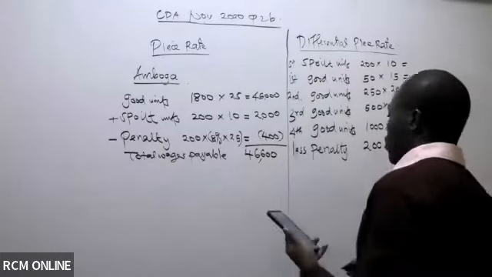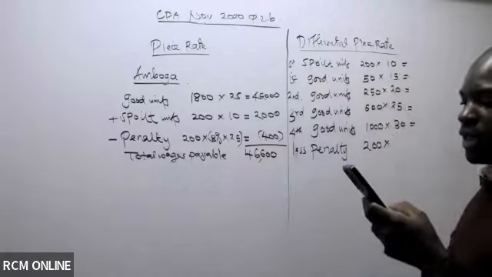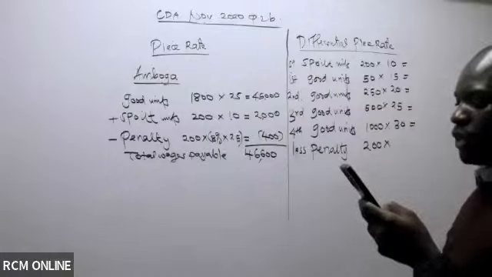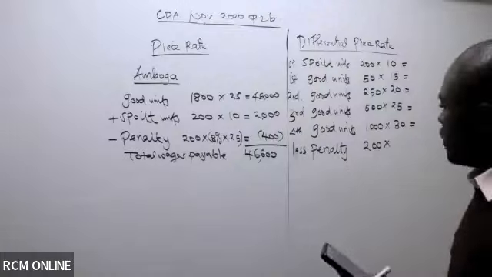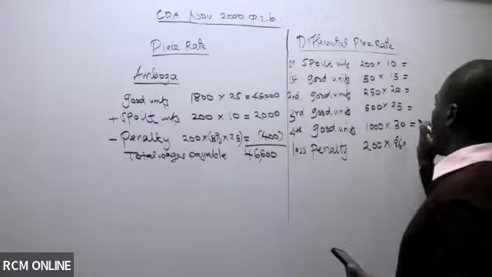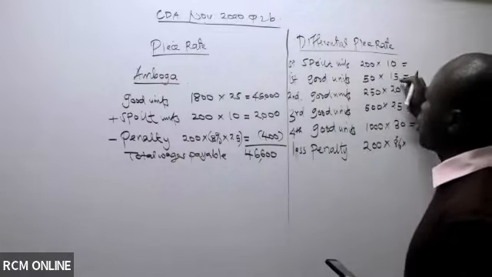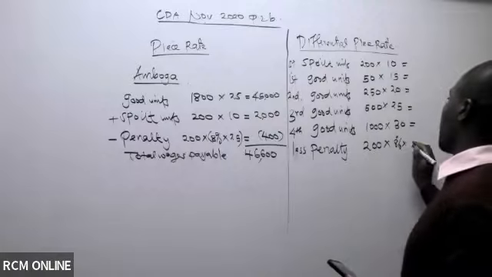And what were we told to be the penalty rate? We are told that the spoiled goods will be paid at the rate of 10 shillings per unit and a penalty of 8% applied at the differential rate. The penalty will be 8% of the rate of that first bar. The rate at the first bar is 15 shillings for the good units. So you only get to charge penalty 8% of that rate.